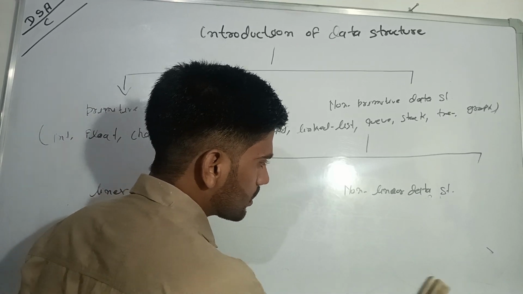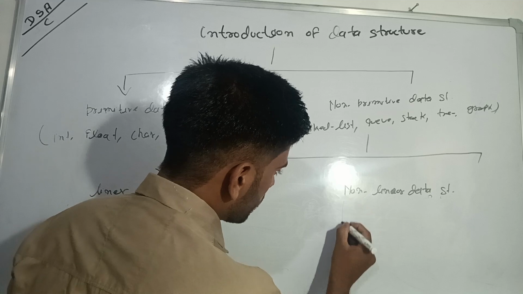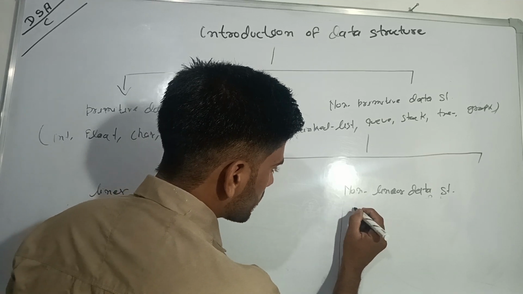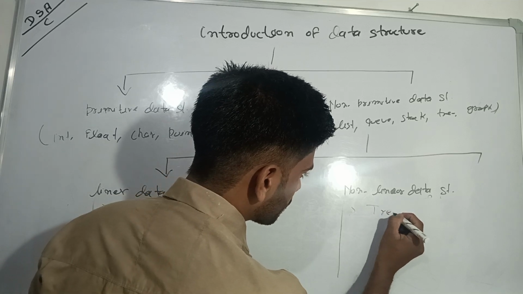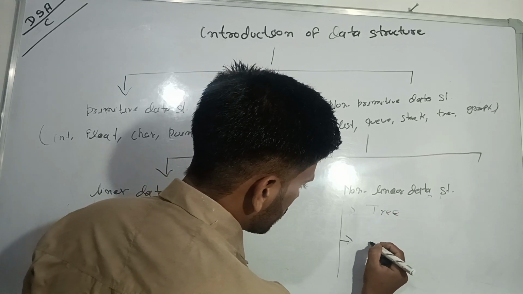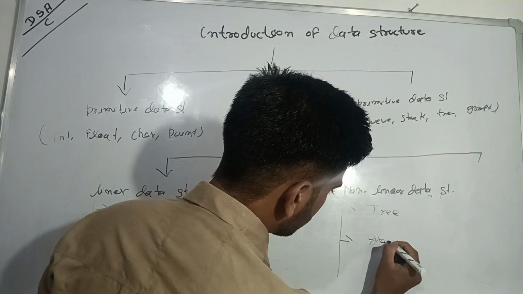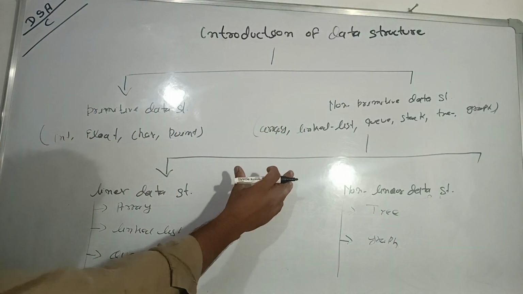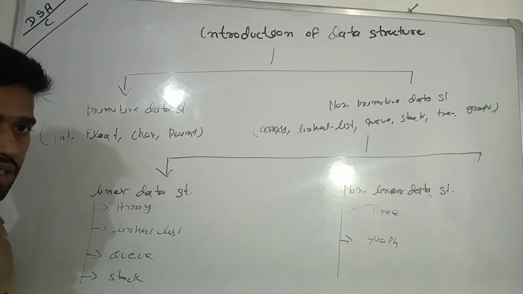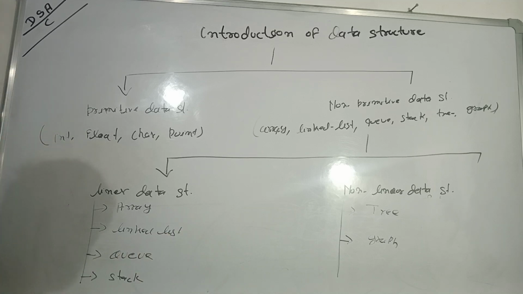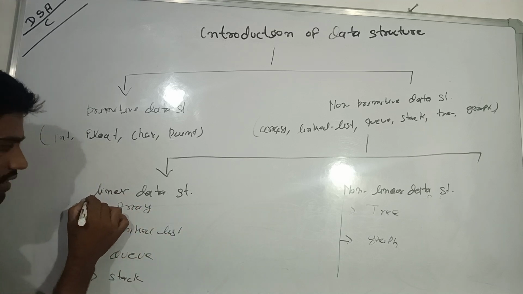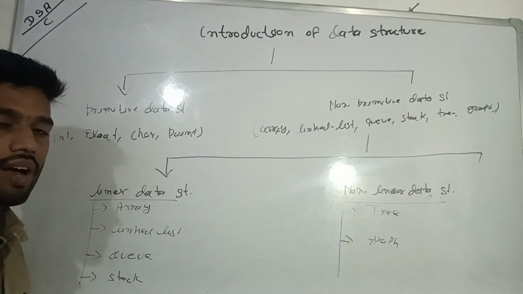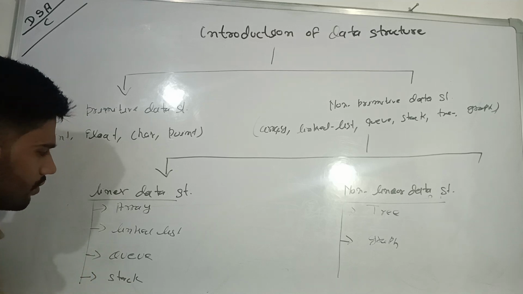Then we can say the types of non-linear data structure are tree and second is graph, right? Also, linear data structure and non-linear data structure are defined in two ways.